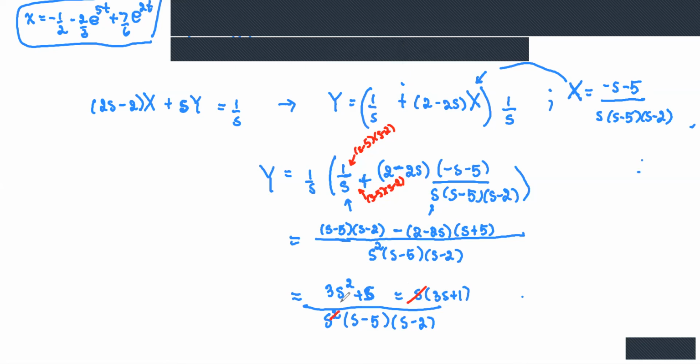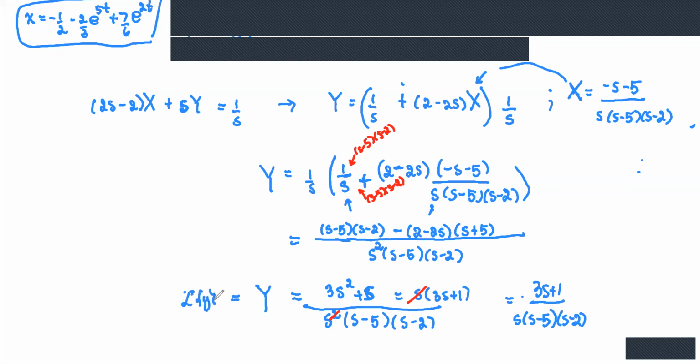And then what we have so far is in terms of 3s plus 1 divided by the factor s, s minus 5, s minus 2 as the uppercase Y. Again, uppercase Y is the Laplace transform of the lowercase y.